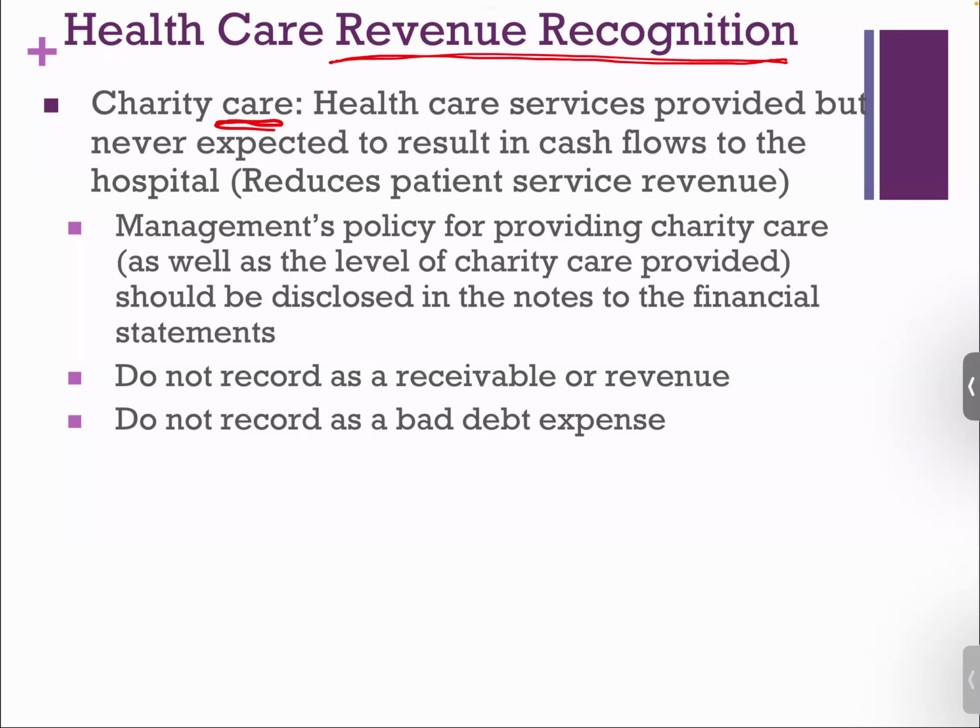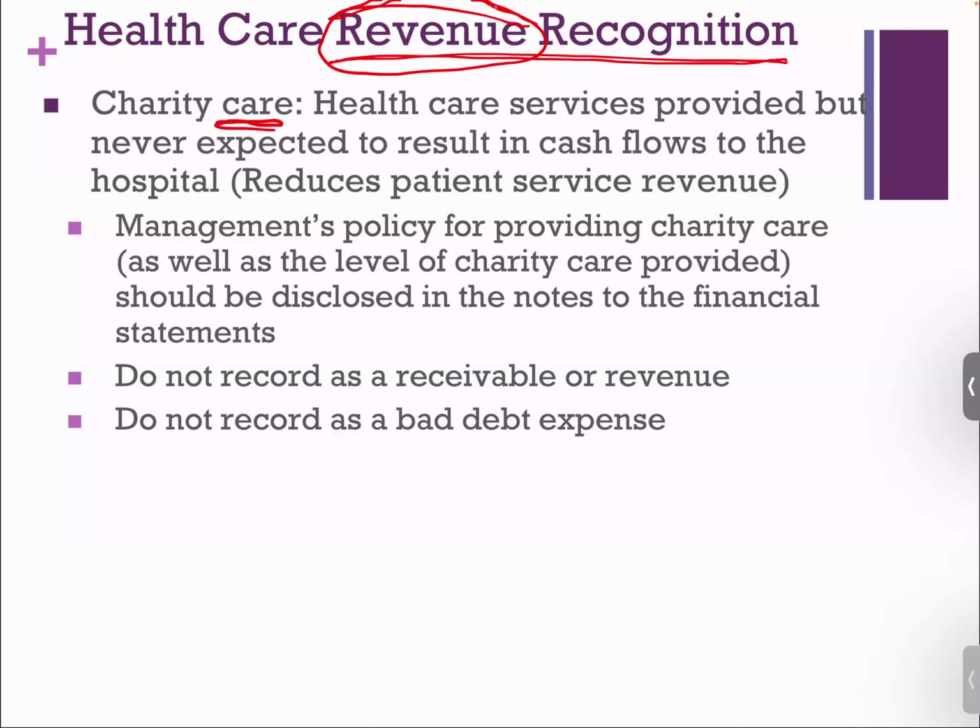If both of those things aren't true, then we don't get to recognize revenue. You see how that's the fundamental definition of revenue? Well, that's what they're going to test, and they're going to do problems about charity care to test that.